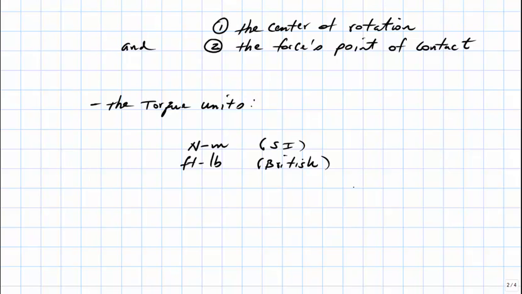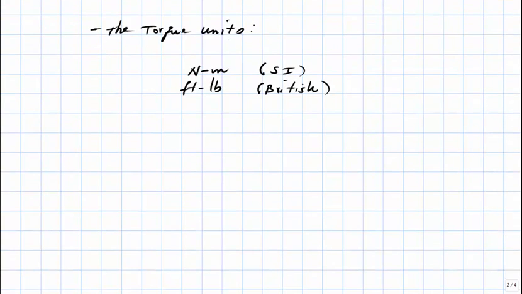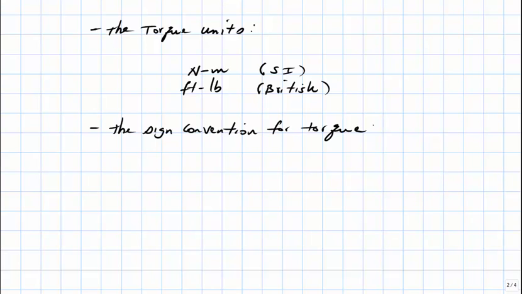There's also a sign convention for torque. When an applied torque is attempting to cause a counterclockwise rotation, that torque is considered to be positive.